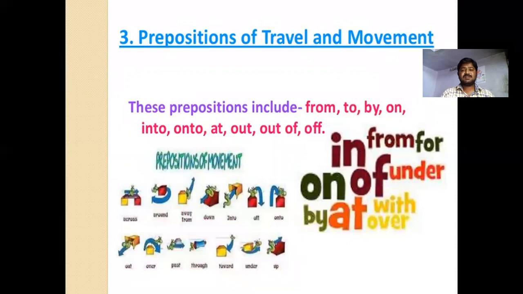And the prepositions of travel and movement include from, to, by, on, into, onto, out, out of, off. These are all prepositions of travel and movement. Next we go through in, from, for, under, on, off, by, at, with, over.